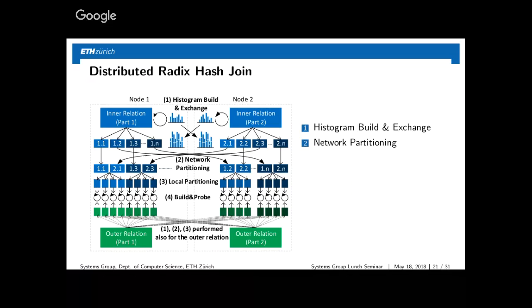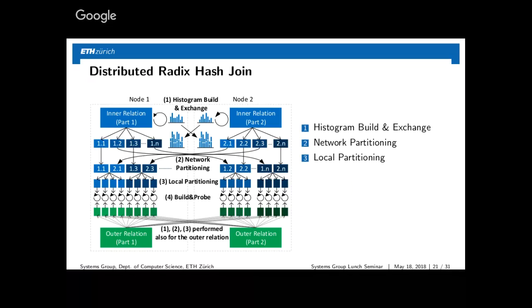And then in the third phase, we want to make these partitions as small as possible so they fit in the L1 cache of the CPU, which will accelerate the fourth phase where we do random lookups to compare these 2 partitions from the inner and the outer relation.